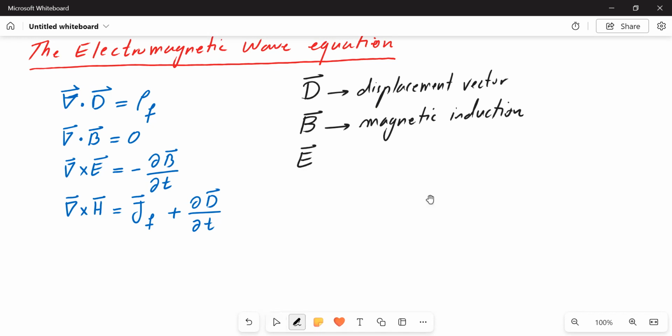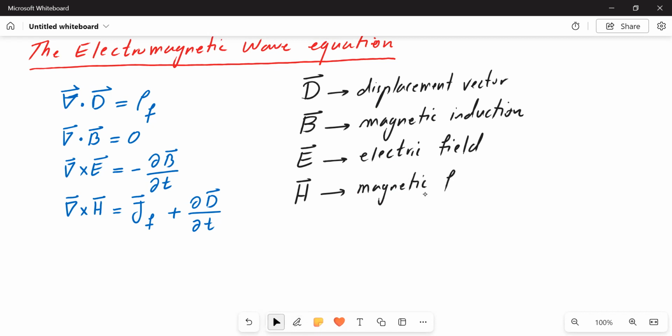E is called the electric field. H is called the magnetic field, or the magnetic intensity, some call it. These are the four fields.